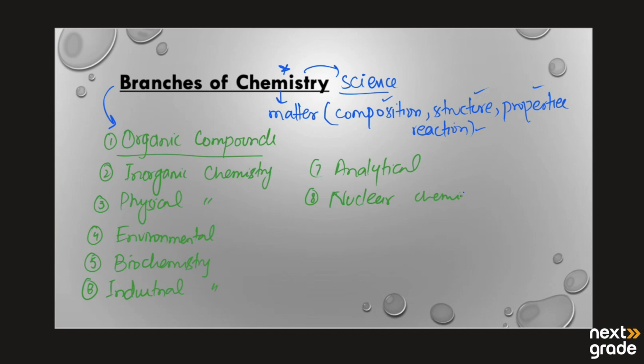So we will study all these branches one by one. We covered organic, inorganic, and physical chemistry in the previous lecture. Now in this lesson we will study environmental chemistry, biochemistry, and industrial chemistry.